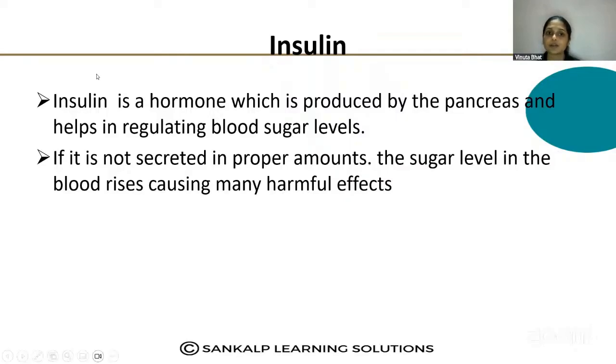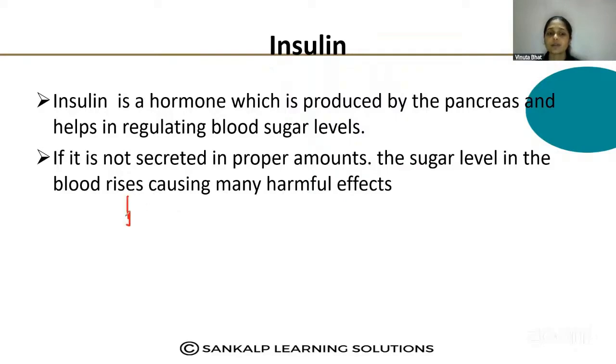When the insulin is not secreted by the pancreas, the blood sugar level increases, and that condition is called diabetes. Then what is the solution for this?